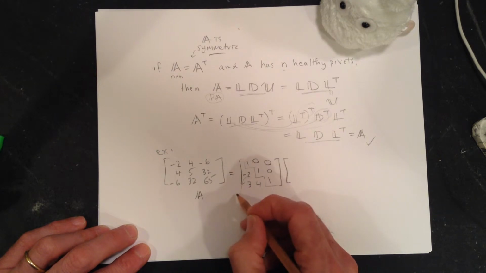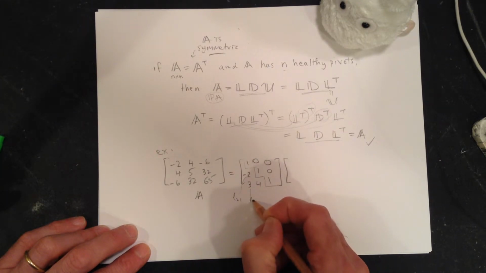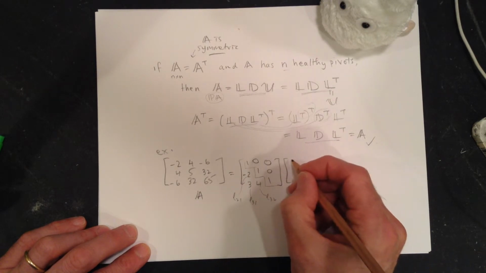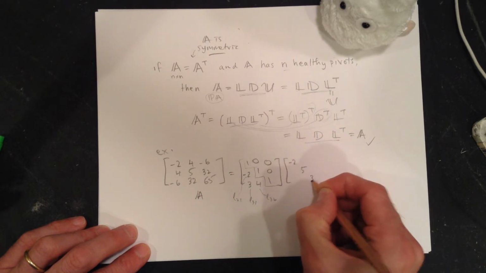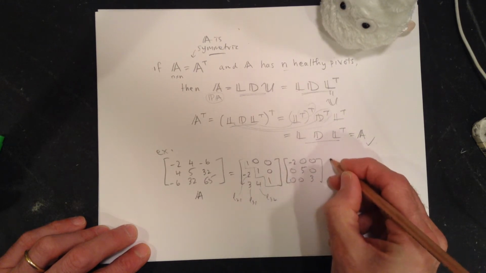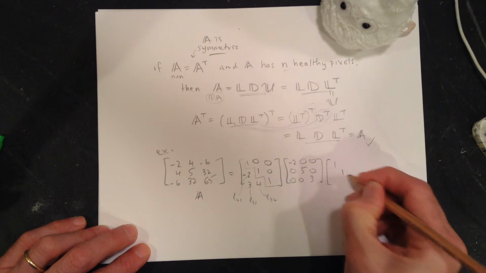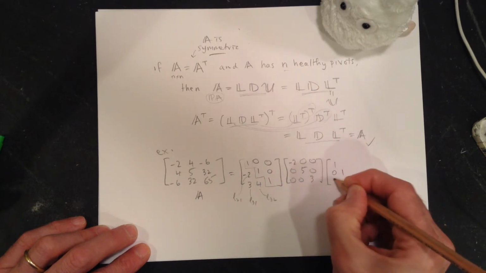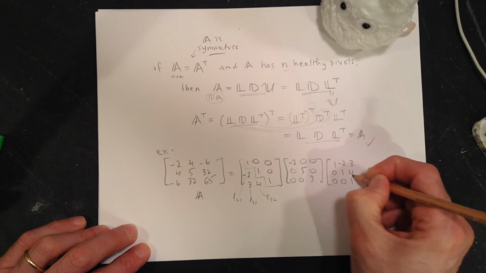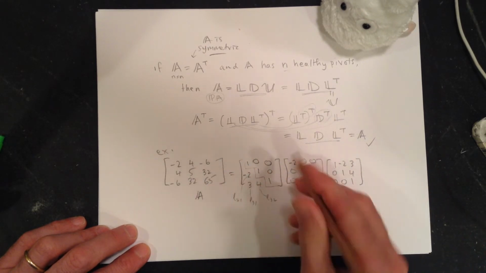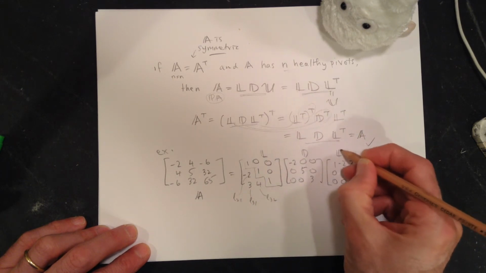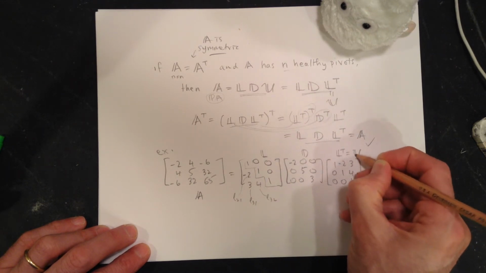These are L21, L31, L32, and then the pivots, in this case, minus 2, 5, 3, a diagonal matrix, zeros everywhere else. And then the transpose of this, so zeros are down here, and minus 2, 3, and 4. So there it is, L, D, and L transpose, which equals U.